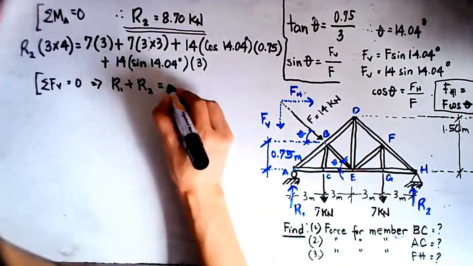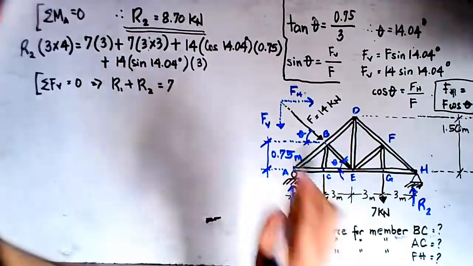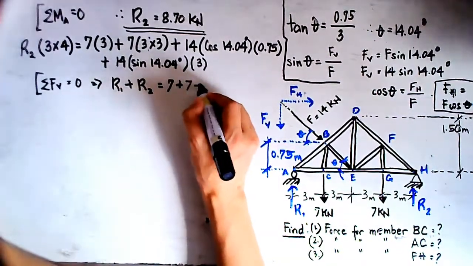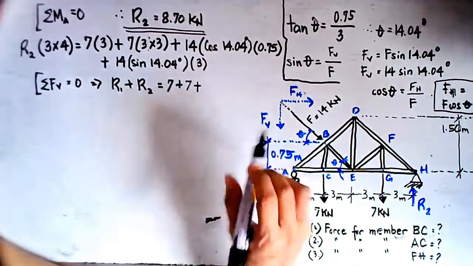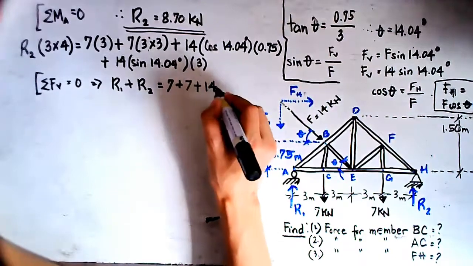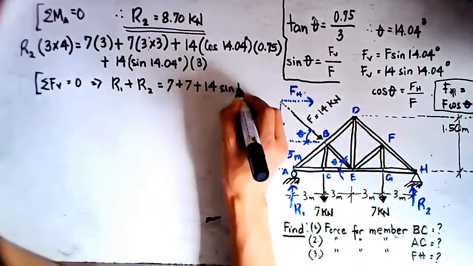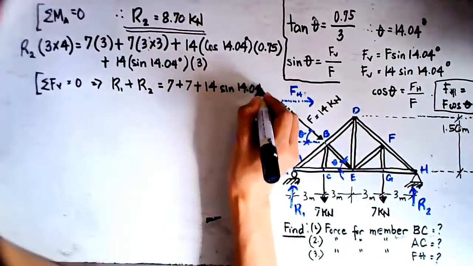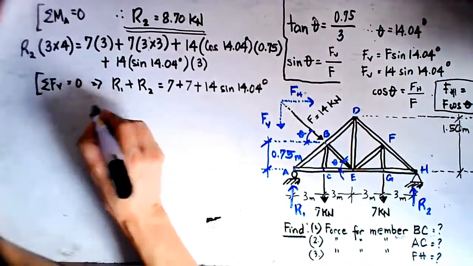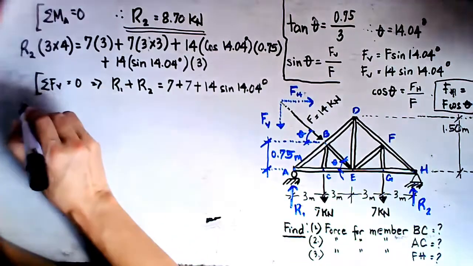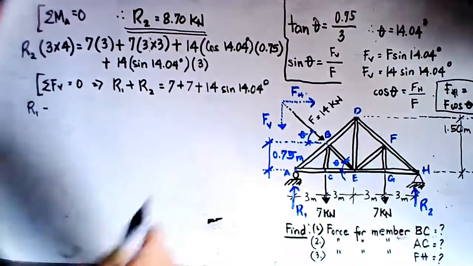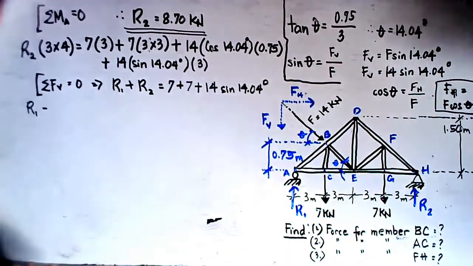We have 7 kilonewton, plus another 7 kilonewton, plus of course the vertical component F sub B, which is equal to 14 times sine of 14.04 degrees. So then we will be able to determine R sub 1, which will be equal to, we have to calculate on that.